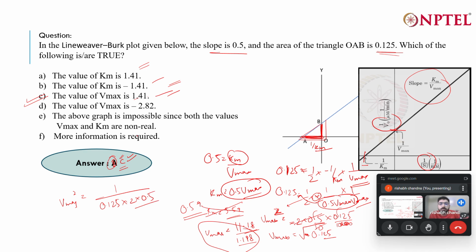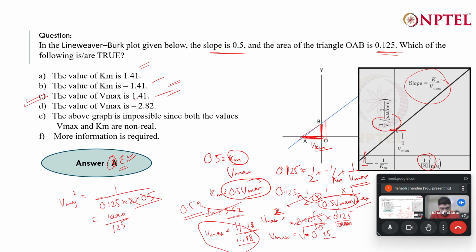So that would come out to be, wait a minute, 10 divided by 1.18. Okay, so this would cancel out. So this gives us 1000 divided by 125, right?